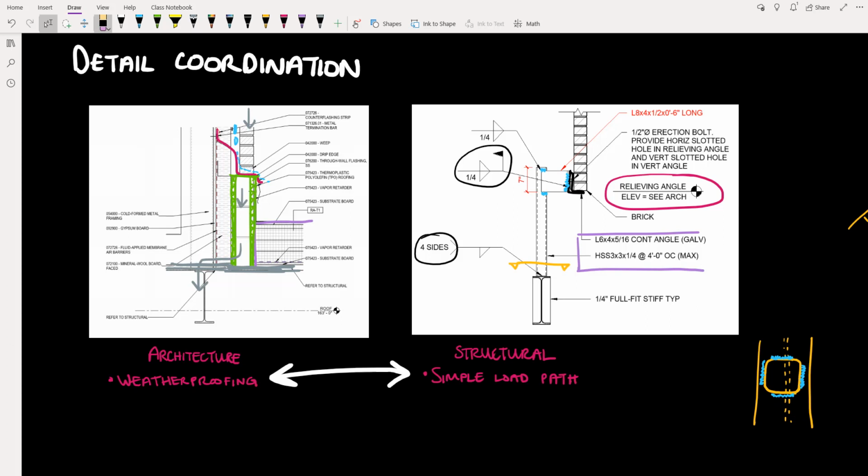So ultimately, structural detailing is a balancing act of accomplishing the needs of the architecture while providing a somewhat simple load path for an efficient structure and something that is relatively easy to erect in the field. So that wraps up our structural steel detailing lesson, and next we will be jumping into concrete.